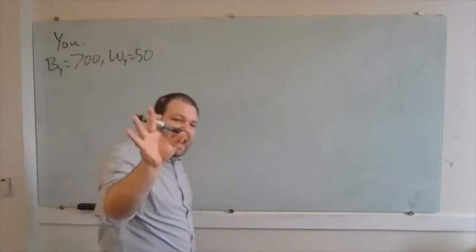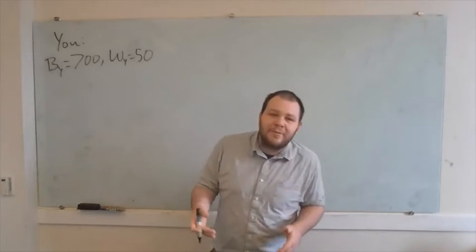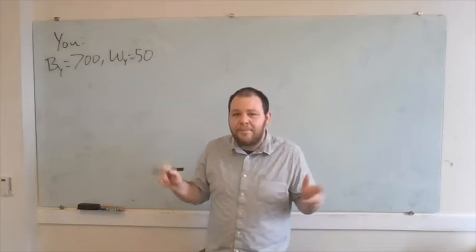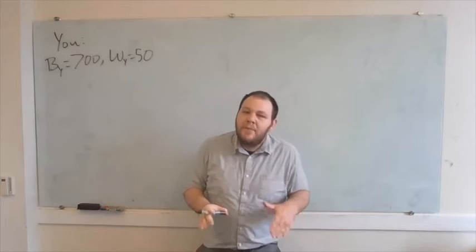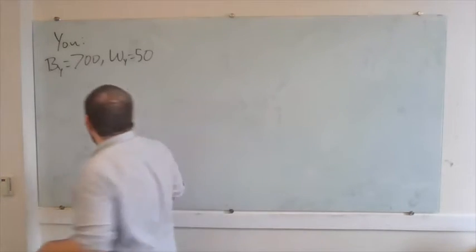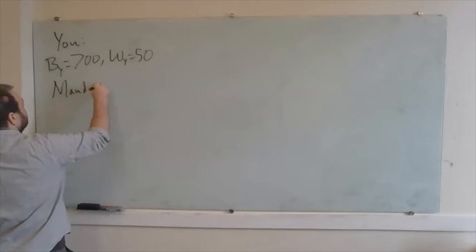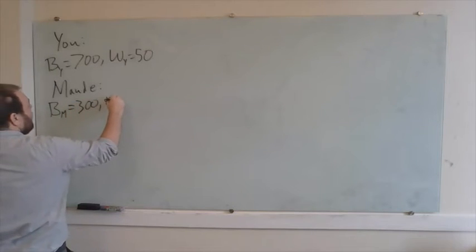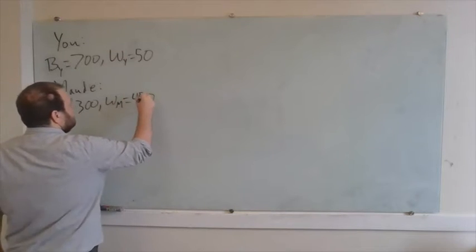You get out to your crop circle, you're ready to hunker down, and you notice that there's already someone there. There's this grizzled old survivalist who's been out there since Y2K named Maud, and Maud's got, let's say, 450 gallons of water, but she's down to only 300 cans of beefaroni. So we'll say beefaroni for Maud is going to equal 300, and the water for Maud is going to equal 450.